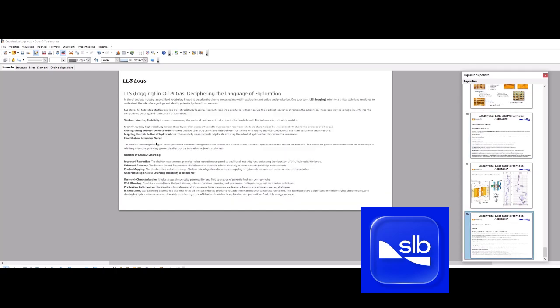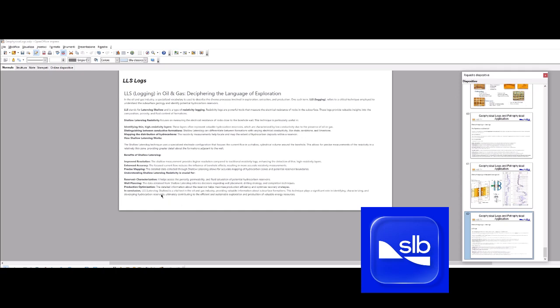LLS is specially focused on some particular cases, for example, when we have high resistivity formation, so it's only focused on some events during drilling and mapping the distribution of hydrocarbon. Much less in the second phase, when we are in the completion phase and all else.